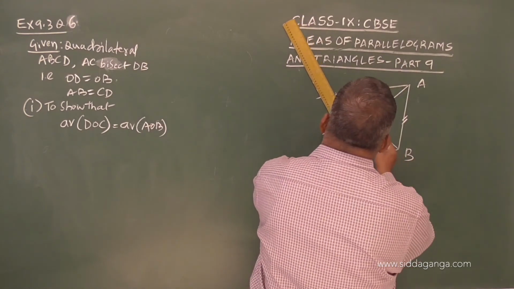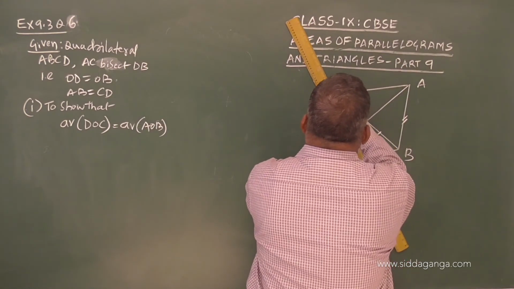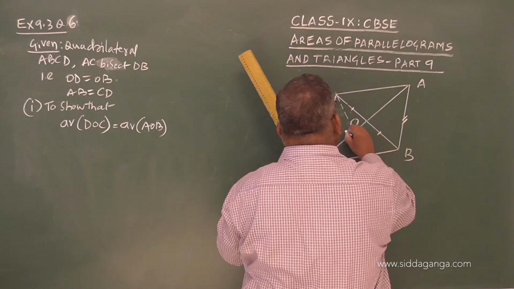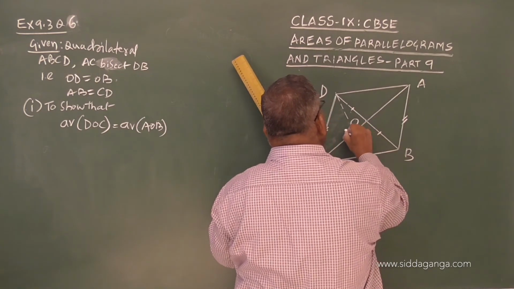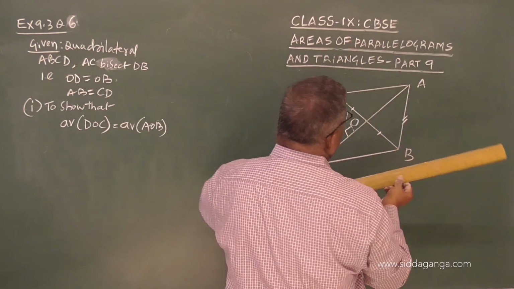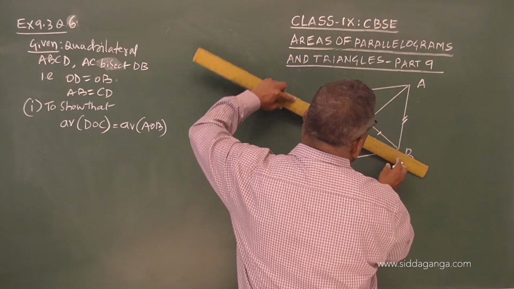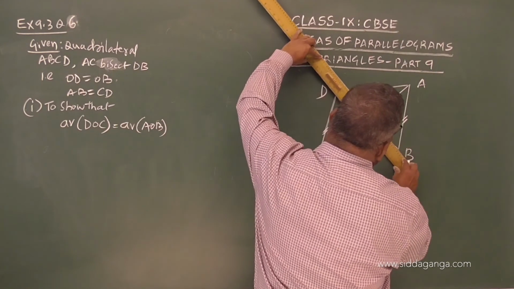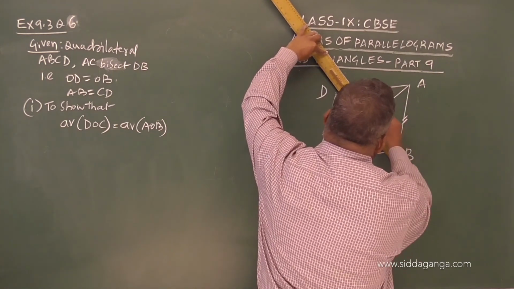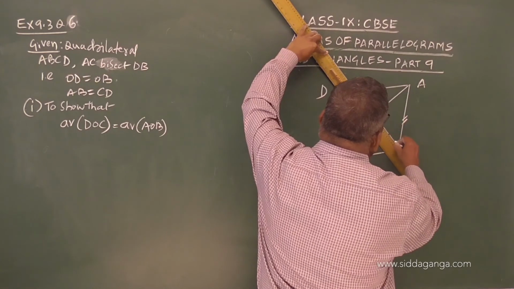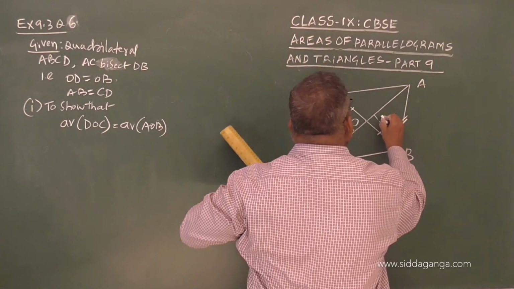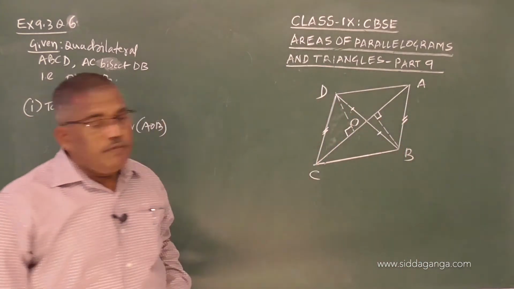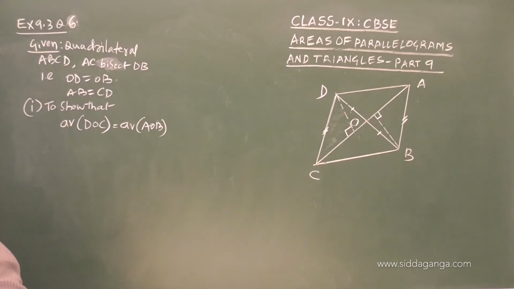Say this is a perpendicular drawn from D to this point. This is 90 degrees, let us say, and a perpendicular drawn from this point, this is 90 degrees. Remember this, we have drawn two altitudes.